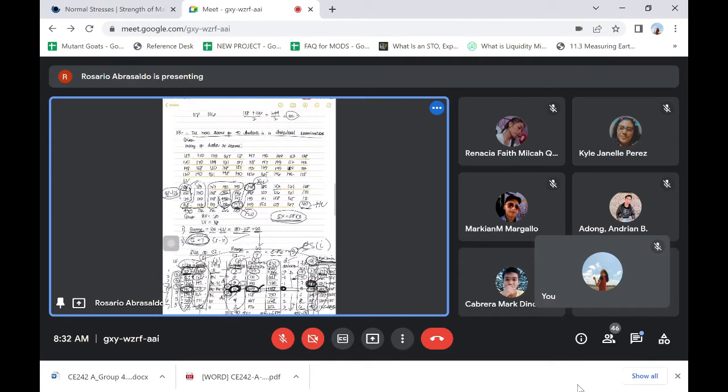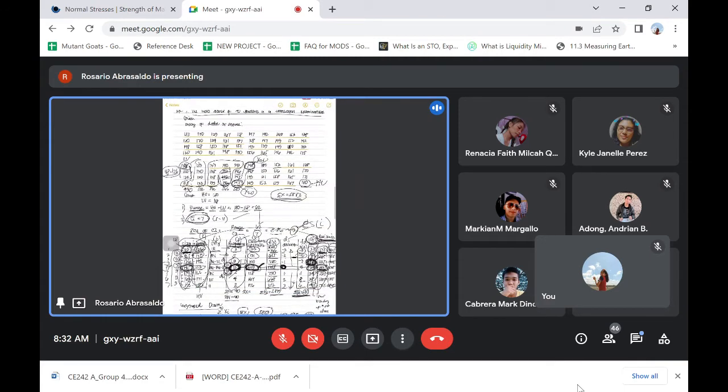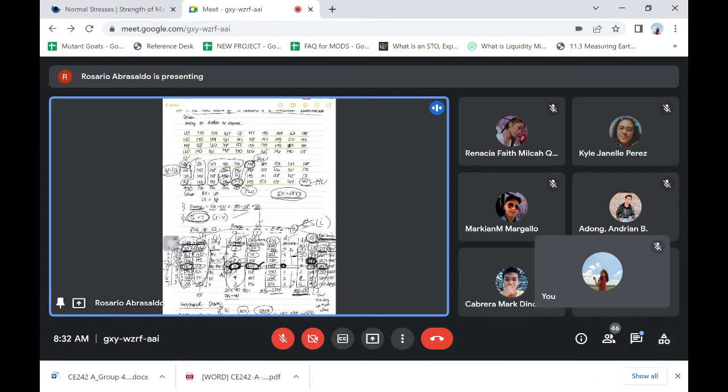Okay. We have the table last time, with class interval 7. We have the tally, the frequency. Okay, we have the class mark, the real limits.